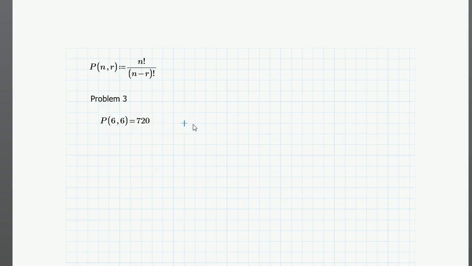Now, how did we get that? Let's do 6 factorial over (6 minus 6) factorial. And what is 0 factorial again? That is 1. We'll just do that here real quick. 0 factorial equals 1. So what we had was 6 factorial, which is 720, over 0 factorial, which is 1. 720 over 1 is 720.